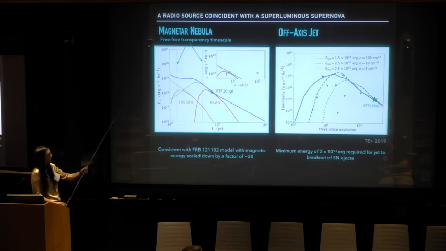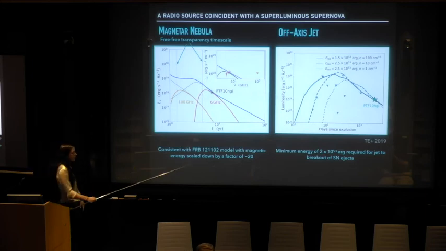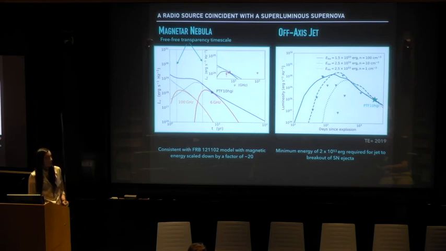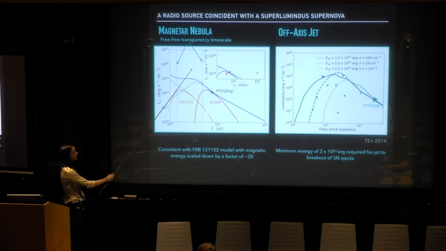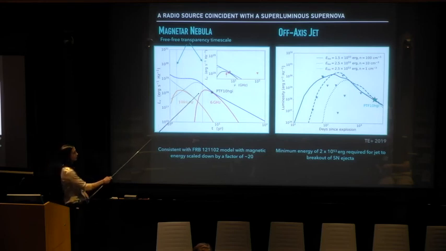So this nebula model here is consistent with the same model invoked by Brian and Ben to describe the 121102 persistent source, but simply with the magnetic energy scaled down by some fraction. And also I should point out that the free-free transparency timescale, so essentially the timescale for radio emission to escape through the supernova ejecta, is also consistent with our detection at about 8 years.